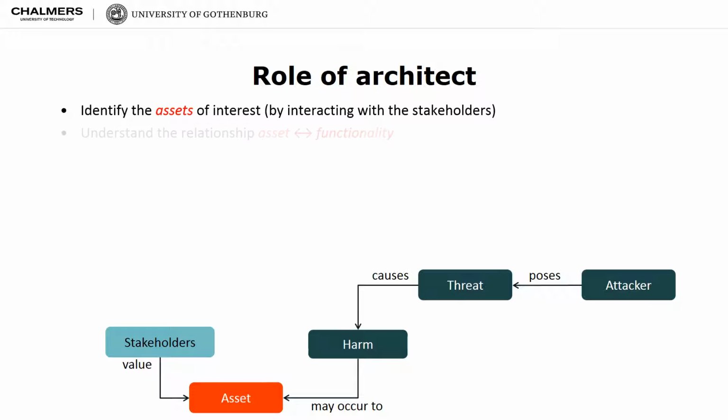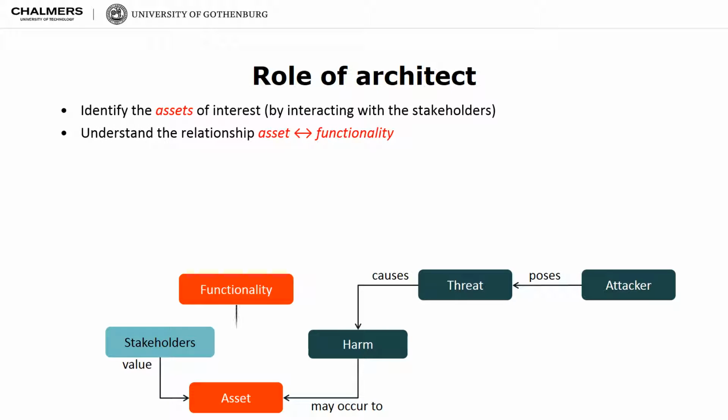And second, because assets sometimes are a bit abstract, the role of the architect is to connect the asset to the functionality of the system, in order to make it more tangible and related to the elements of the design.